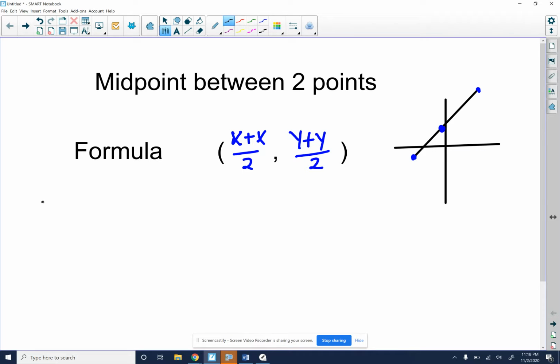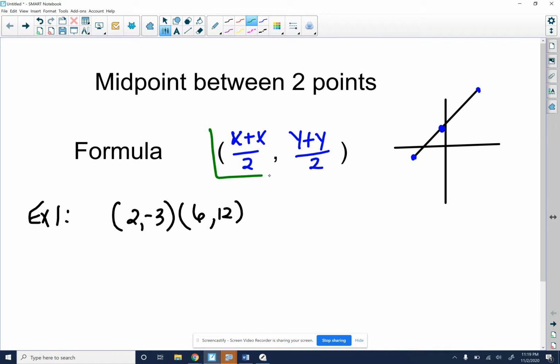So let's say for my example 1, I have the points 2, -3, and 6, 12. All right, so my formula says to find the x coordinate, I add the two x's together and divide by 2.